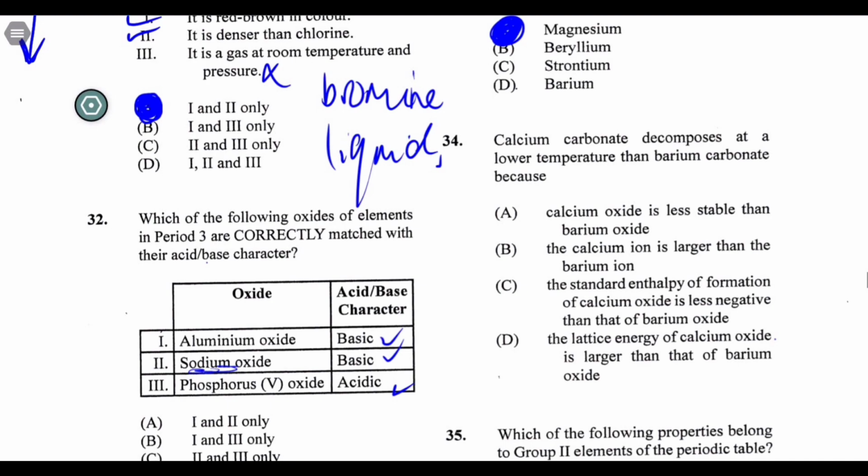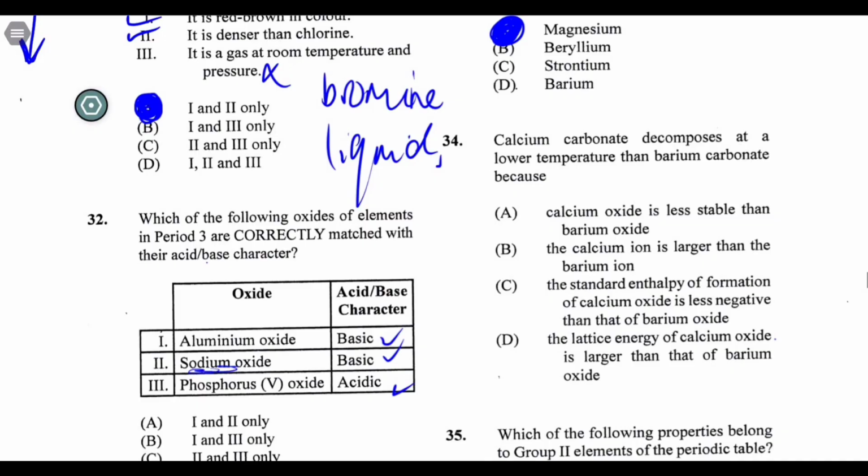Now the standard enthalpy of formation of calcium oxide is less negative than that of barium oxide. That's not true. Barium oxide is less negative than calcium oxide. And this says the calcium ion is larger than the barium ion, and that's simply not true.